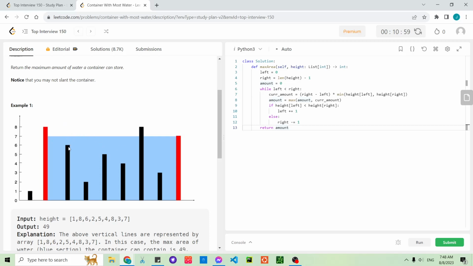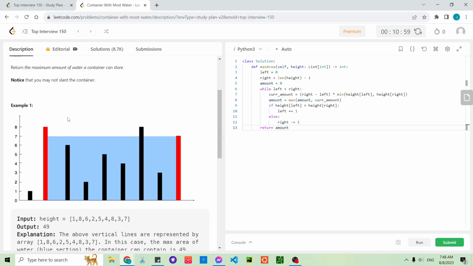If they are higher though, even if this is higher, when we're moving one pointer or the other, it will not be a higher volume than this one because we're always considering the shorter.